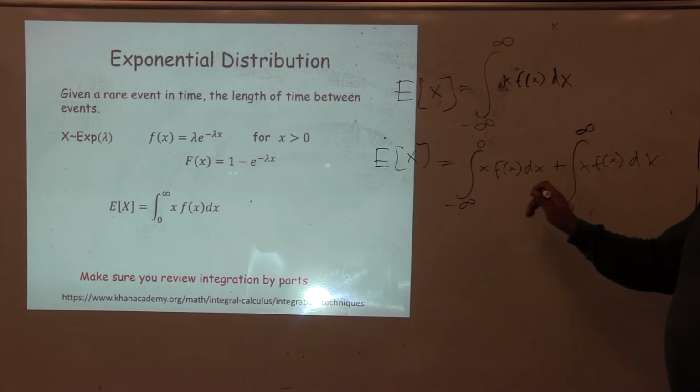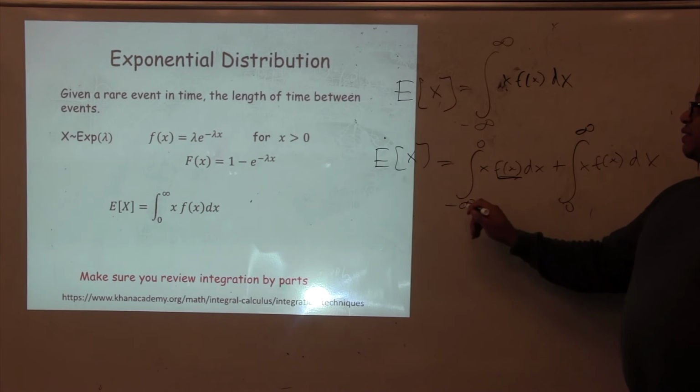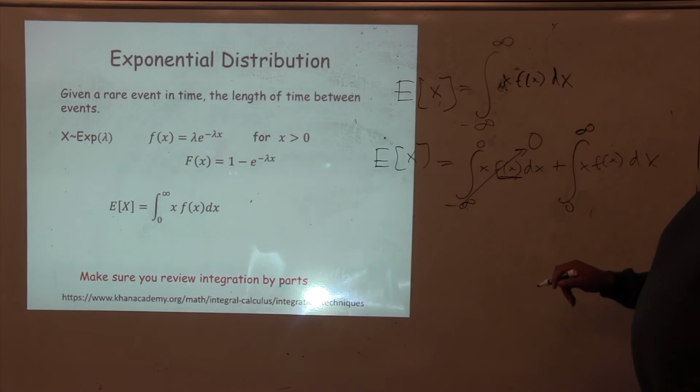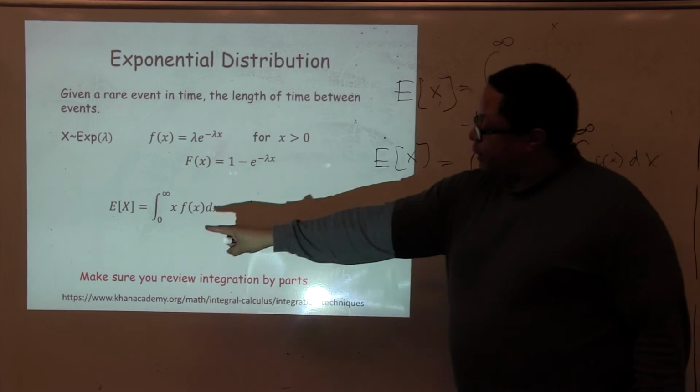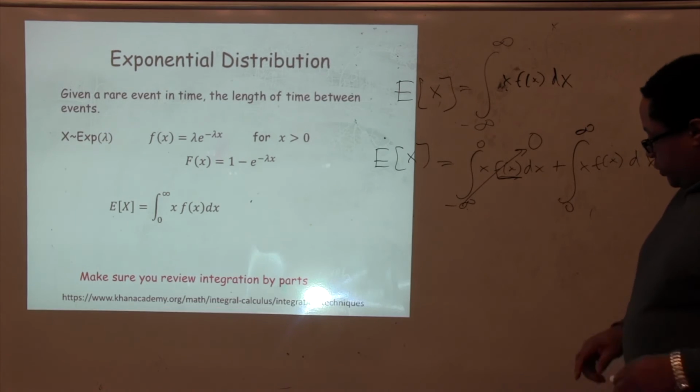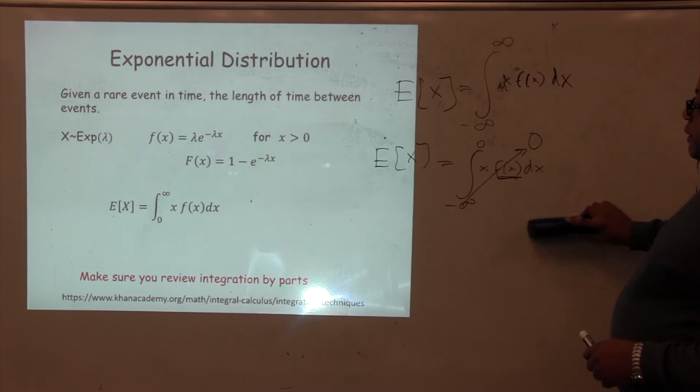And of course, since the value of our density is 0 over those boundaries, this term goes to 0, leaving us with the following expression for the expectation. Okay? All right.